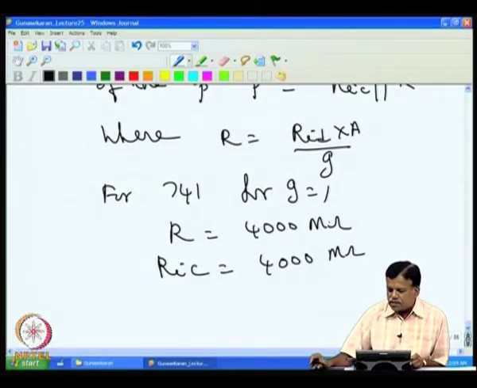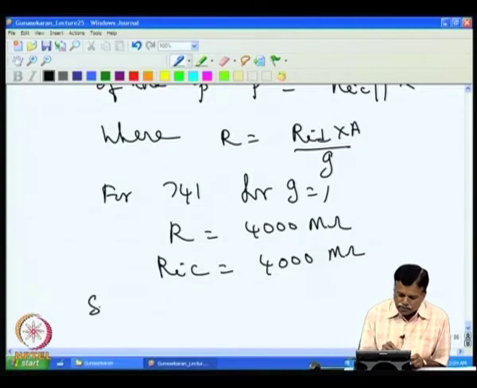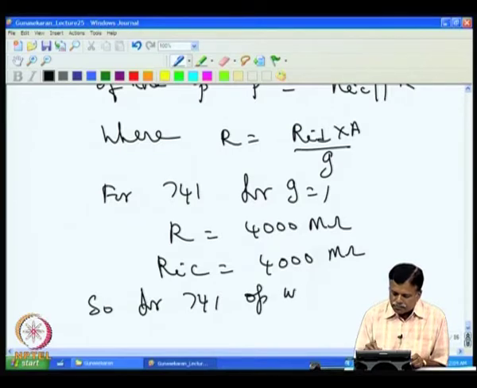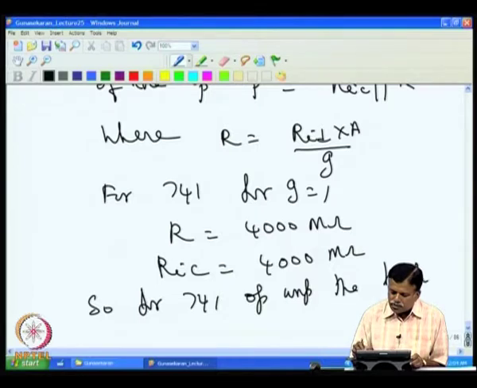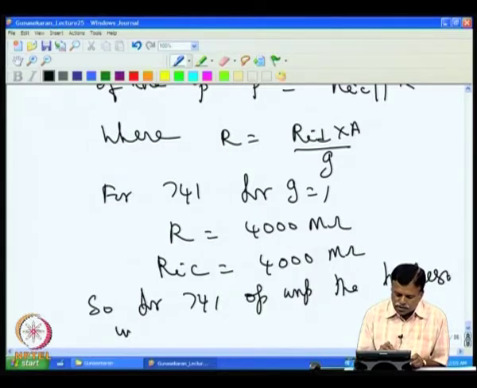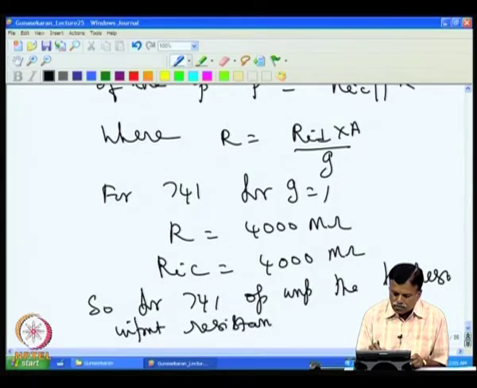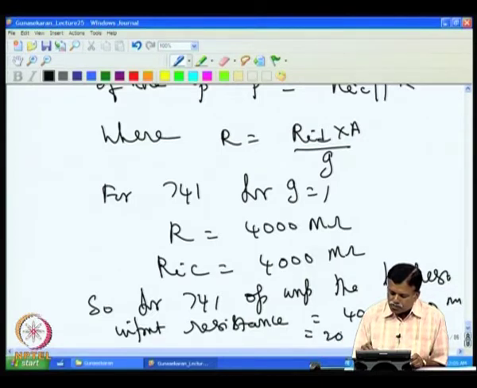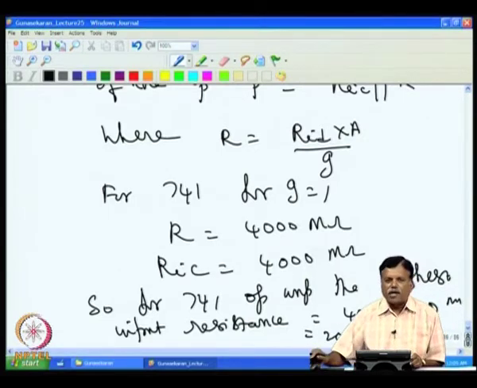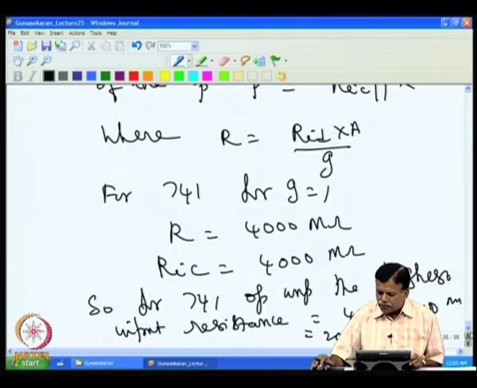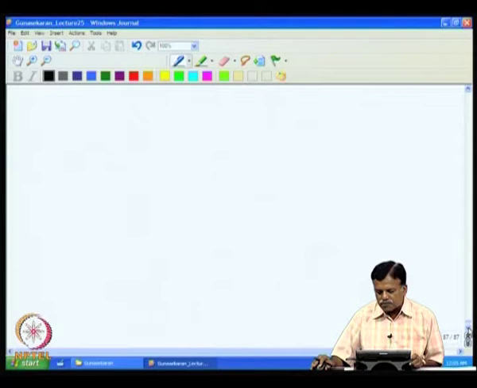So, for the 741 op amp, the best, highest input resistance will be 4000 meg ohm parallel 4000 meg ohm, that comes to be 2000 meg ohm. Then if you have a unity gain, you can get effectively 2000 meg ohm as the input resistance.